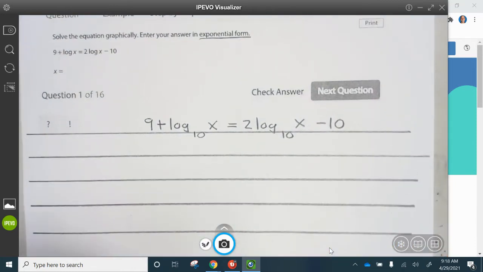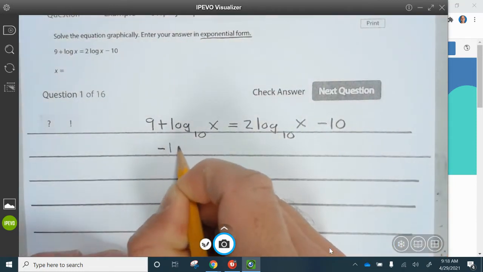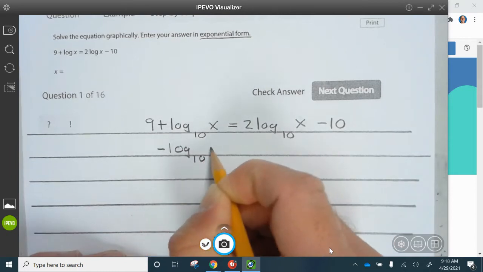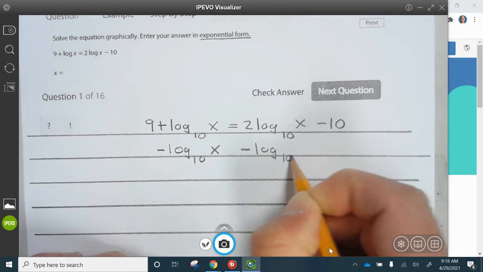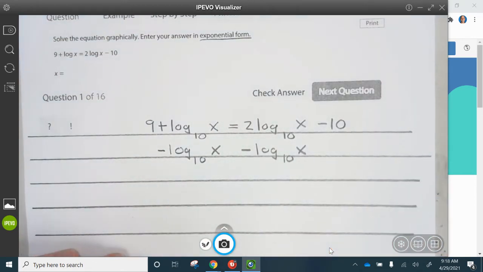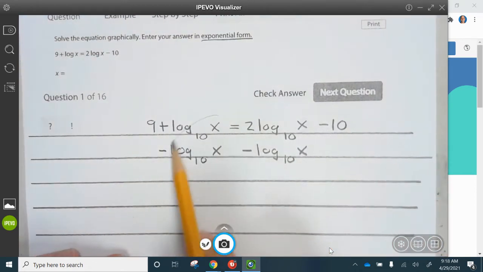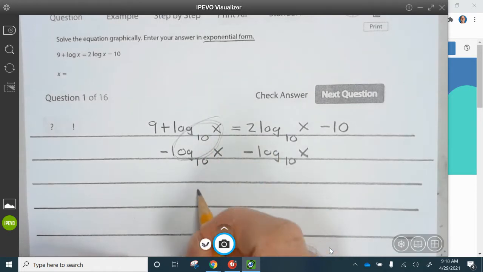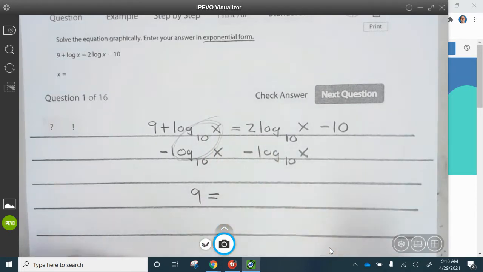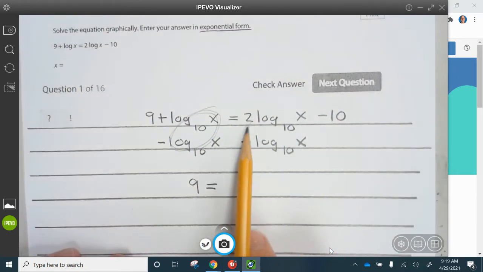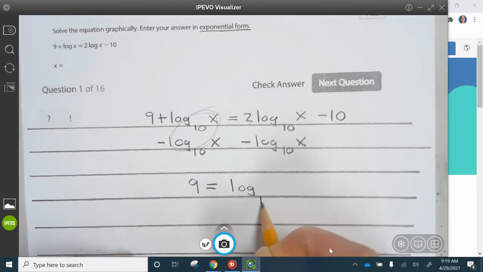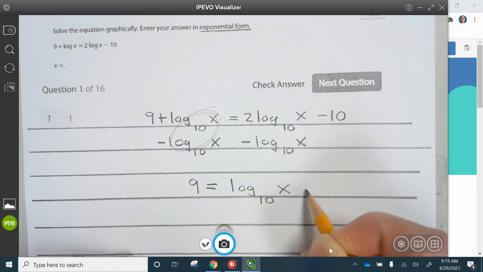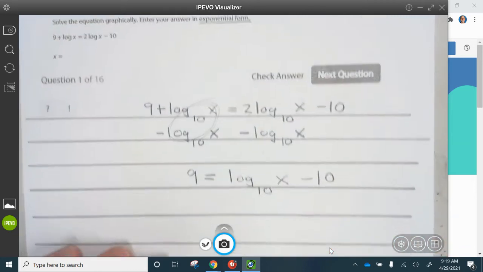The first step is to subtract log base 10 of x from both sides. That becomes 0, so then you're left with 9 equals 2 minus 1, which is 1, so that's just log base 10 of x minus 10.